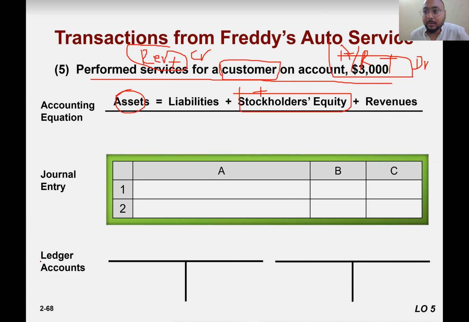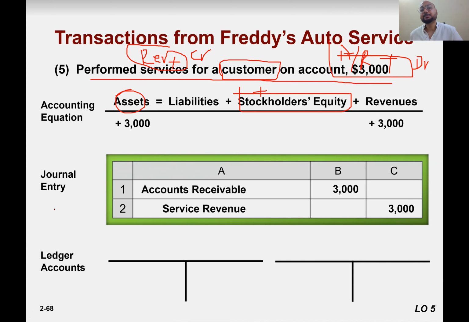Accounts receivable to revenue. Well done, Ella, well done. Accounts receivable to revenue, right? You can also write down service, it's up to you. But the main account is revenue. Accounts receivable to revenue, well done.